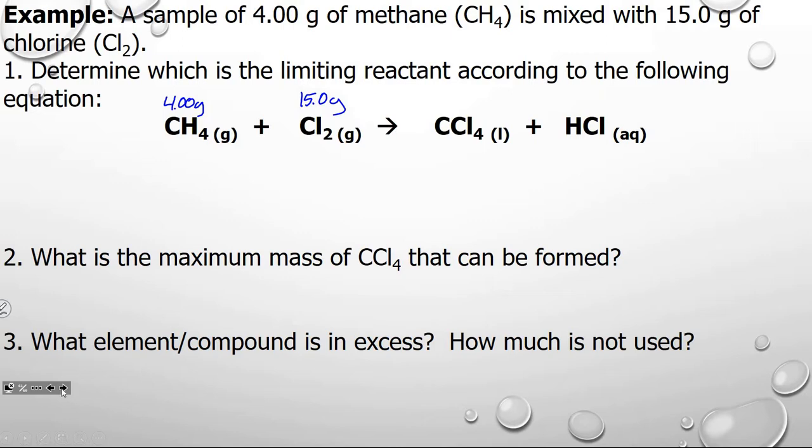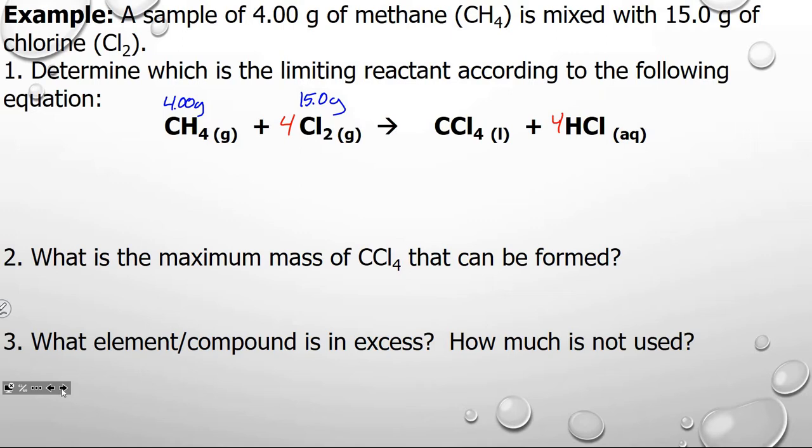Well, my chlorines are off. If I fix my chlorines, well, let's not do the chlorines first. Let's do the hydrogens. So 4 hydrogens, I need 4 hydrogens. I'm going to put 4 here. Now I have 4 plus 4 is 8. So if I put a 4 here, does it balance it? We balanced now? Okay, so for every 1 mole of methane, I need 4 moles of chlorine.